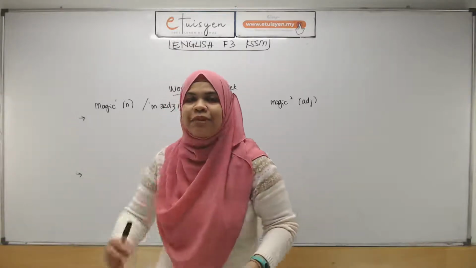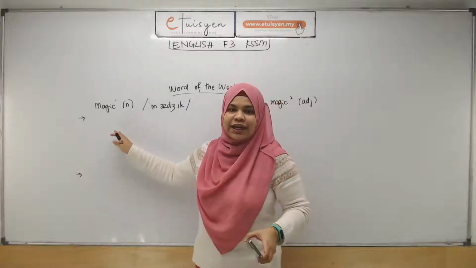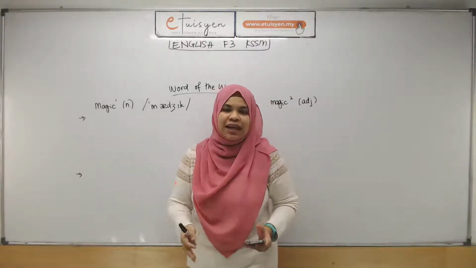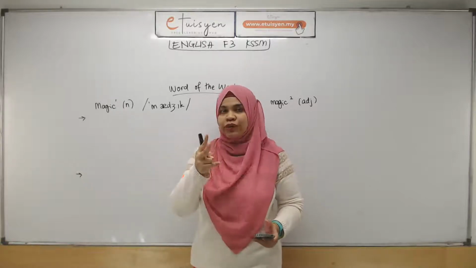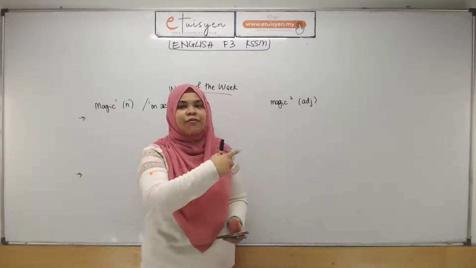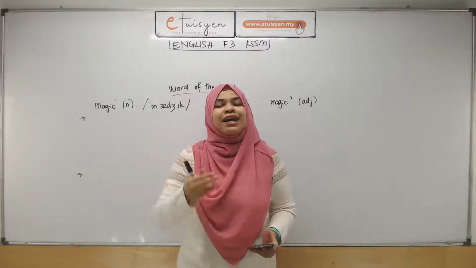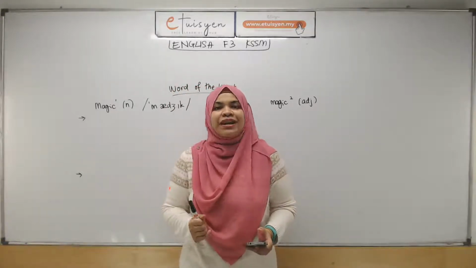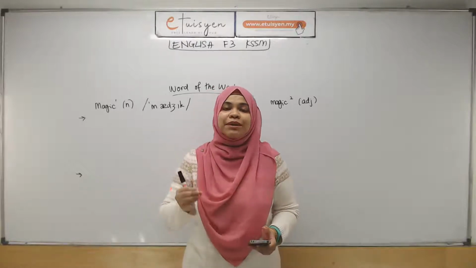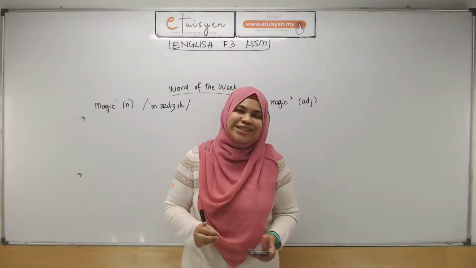Now, even though magic as a noun, dia ada multiple meaning. But I'll share with you 2 first and then how to use it in a sentence. And same goes to adjective, pun ada 2 meaning juga, even though it's used as adjective. Nampak tak? It's a simple word, but there's multiple ways you can use it in your sentences.